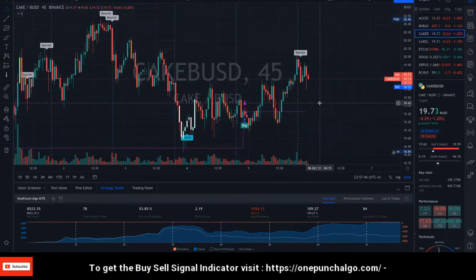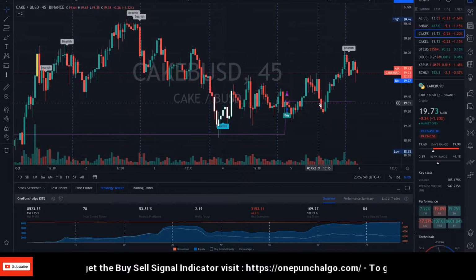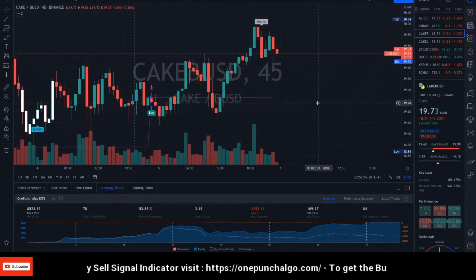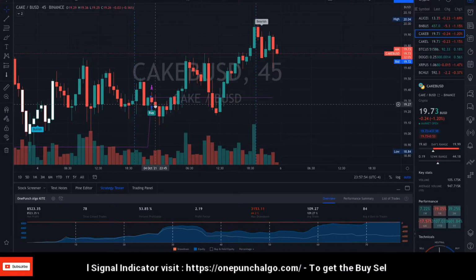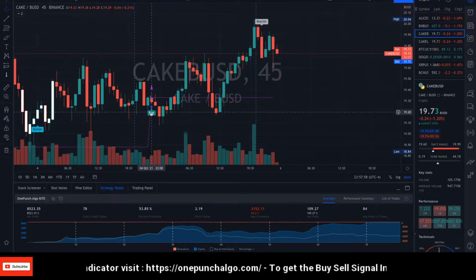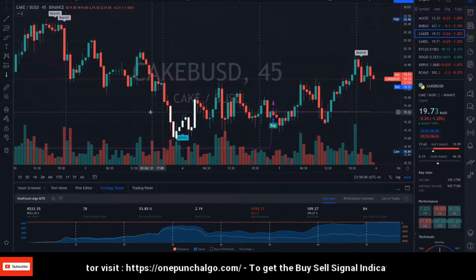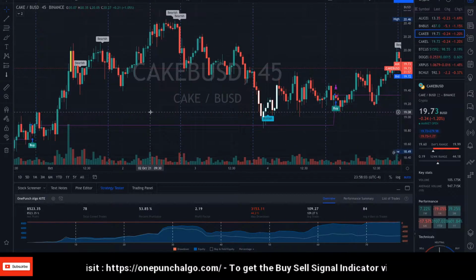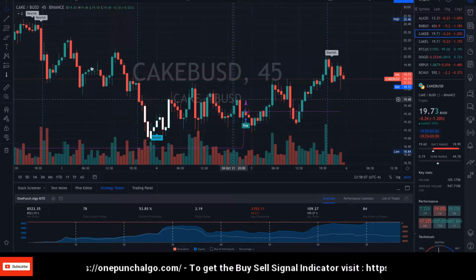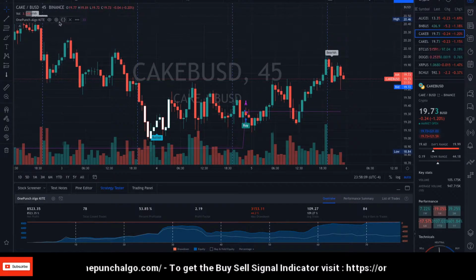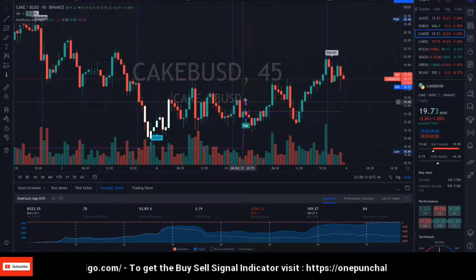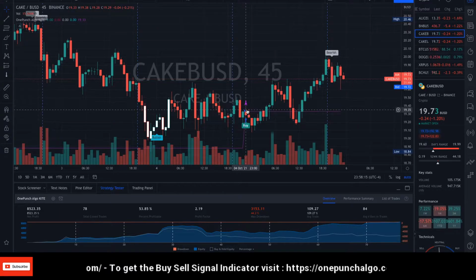So let's check the latest result from the cake right here. You have a buy and sell together, and it should show the sell signal there. Let's see if I do this. It actually shows that there is a sell signal here.